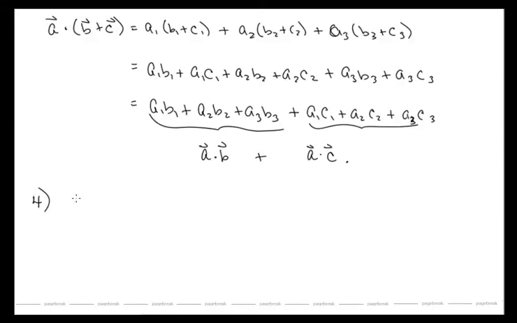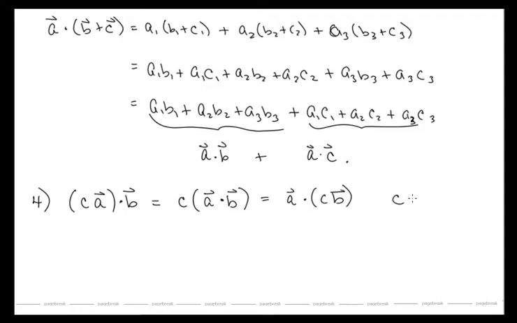The next property deals with scalar multiplication with a dot product. So we note that c times a, where c is a scalar and a is a vector, dotted with b is the same as c multiplied by a dot b, which is the same as a dotted with c multiplied by b.